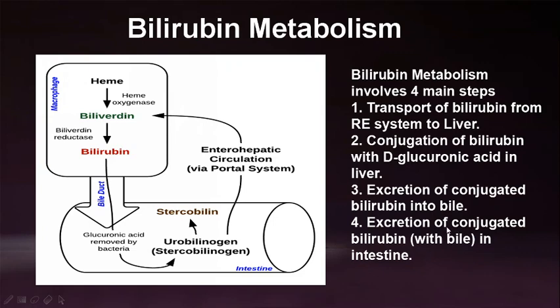So from the hepatic cells, the conjugated bilirubin is secreted into bile through an active transport process, and it gets released into the bile juice. Okay, then excretion of this conjugated bilirubin in the intestine.